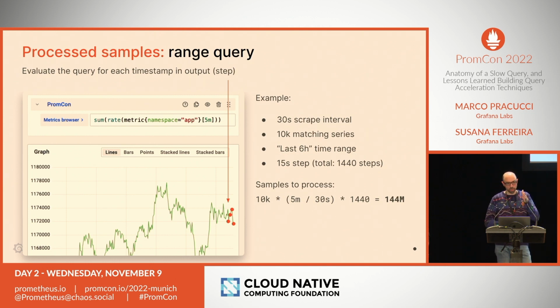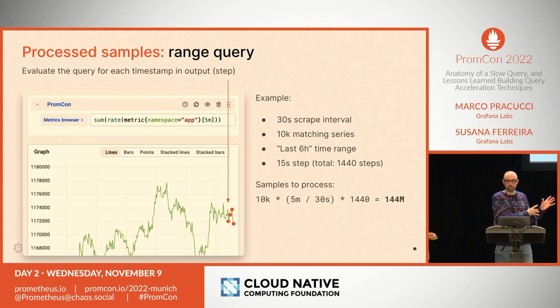Since each sample needs to be processed multiple times, basically within the 5-minute time interval falling within the given step, the total number of samples to process is the previous number, 100K, multiplied by the number of steps in the query, which is 1,400. So it's 144 million samples to process, which is way bigger than the previous one, right?